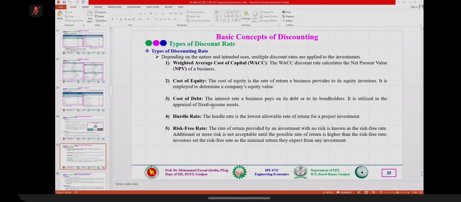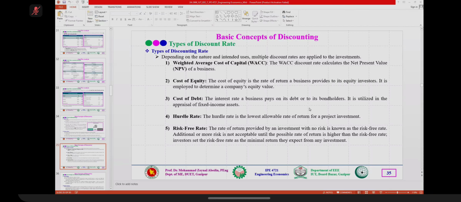On the opposite side, the cost of debt is the interest rate a business pays on its debt or to its bondholders. This is the cost of debt.